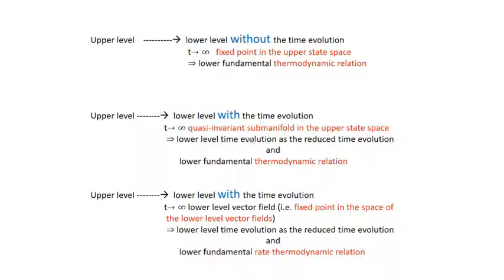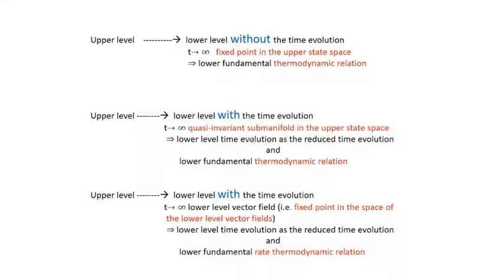In the case when the lower level is with time evolution, for example, we consider a passage from kinetic theory to hydrodynamics, so hydrodynamics is the lower level, we can study the approach either as an approach to some quasi-invariant submanifold, or we can also consider the approach to the vector field on that quasi-invariant submanifold.